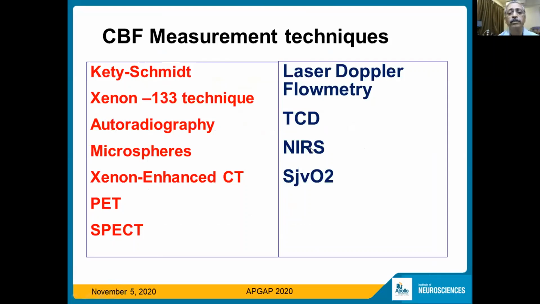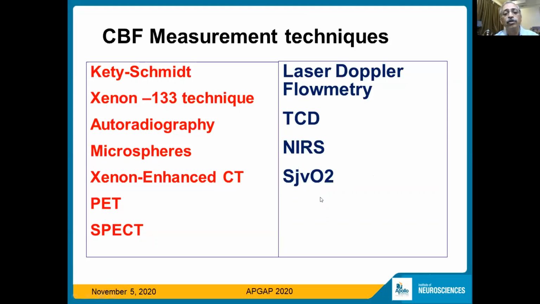NIRS tells you about cerebral oximetry, and this is mainly used during or following carotid endarterectomy, or during aneurysm surgery, or in various other neurological pathology, where an improvement in saturation tells us about improvement in the flow, and thus a reduction in ischemia.